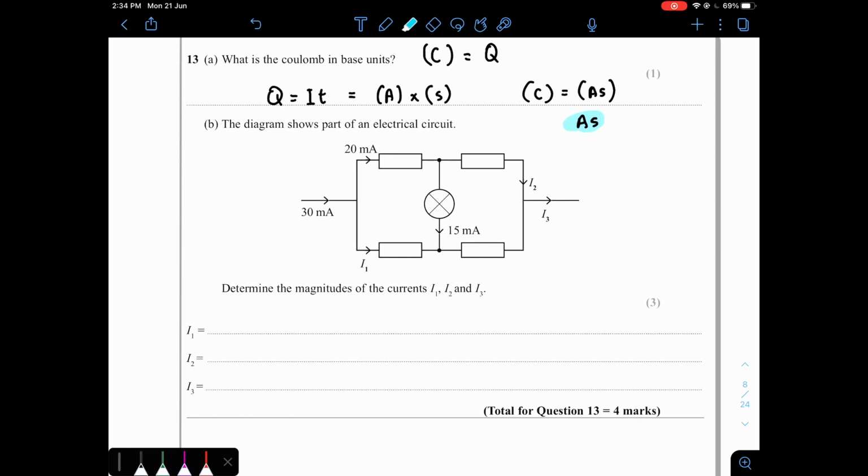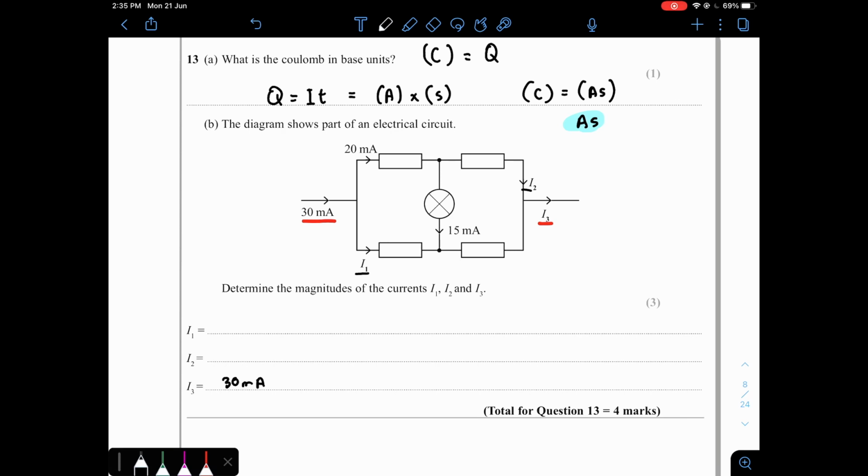Okay. The diagram shows part of an electrical circuit. Determine the magnitudes of the currents I1, I2, and I3. The easiest one is I3, 30 milliamps. It must be the same thing because it's the same wire after all of this is done, so it must be 30 milliamps. That's the easy one.